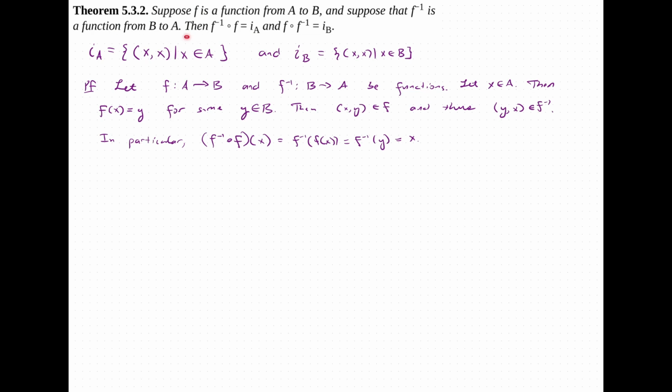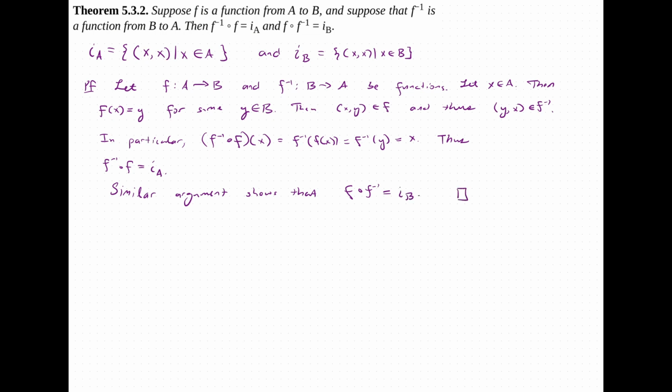And so that establishes that this is I sub A. Thus, f inverse compose f is equal to the identity relation on A. And I'm not going to do the second part, but that's a similar argument. It shows that f compose f inverse is equal to the identity relation on B.